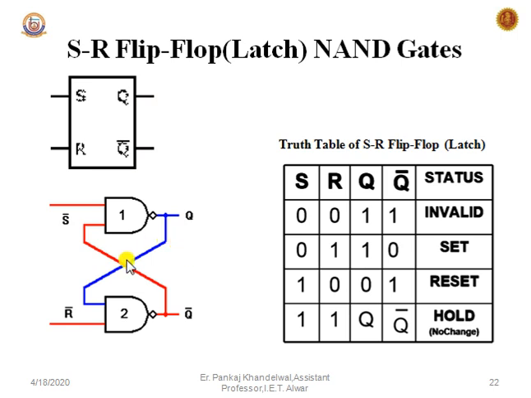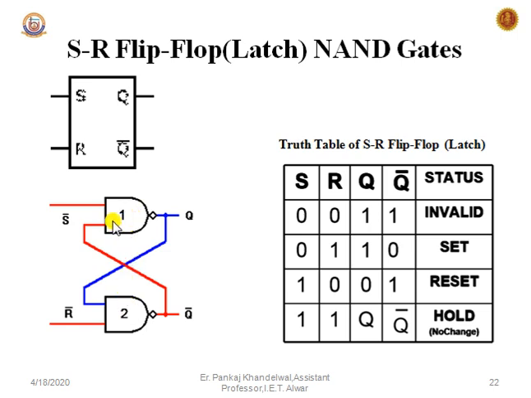And this is the gate circuit representation of this. There are 2 NAND gates. Flip-flops or latches can be designed by using NAND and NOR gates. They are cross coupled, which means there are 2 gates, gate 1 and gate 2, NAND gates.